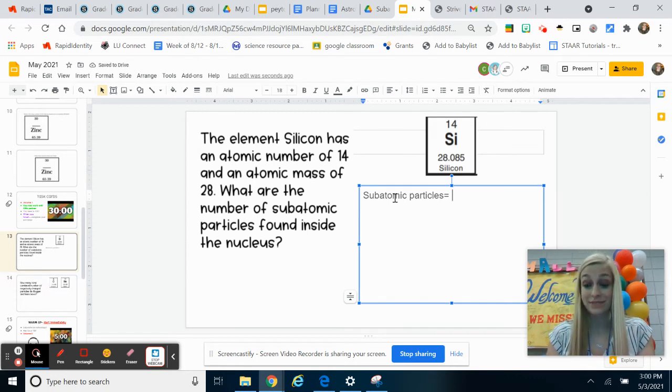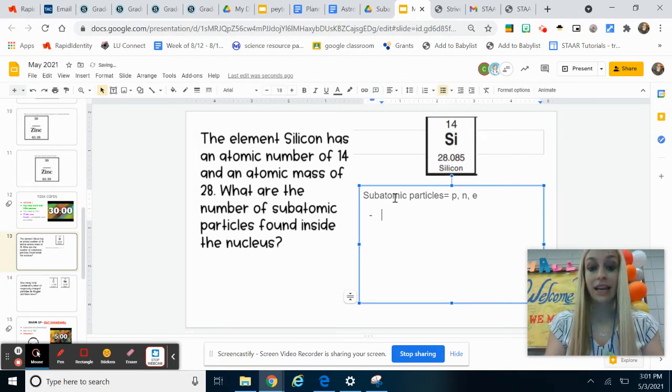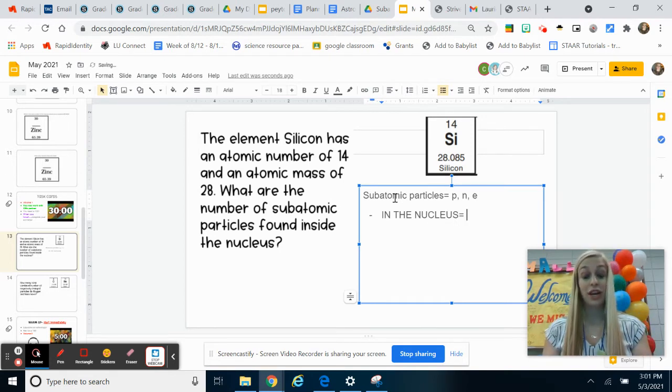Sub is part, atomic, atom. So it's the parts of an atom. So subatomic particles are protons, neutrons, and electrons. Protons, I'm going to abbreviate, neutrons, electrons. But it only wants the ones in the nucleus. Which subatomic particles are in the nucleus?